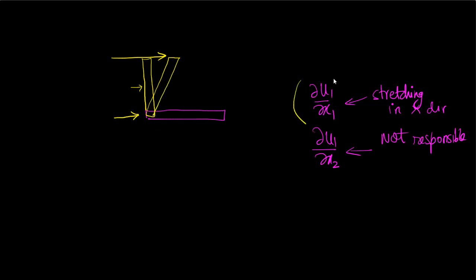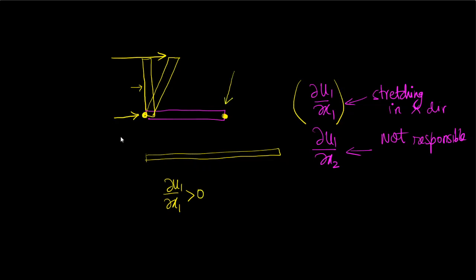But del u1 del x1 is the difference in the velocity between this point and this point, and hence it leads to a stretching. Meaning if del u1 del x1 is larger than 0, the velocity at this point is larger than the velocity at this point. If I call them A and B, the u velocity at B is larger than the u velocity at A, and hence B will move faster towards the right as compared to point A, and hence the length of the fluid element will increase. This is the physical meaning of del u1 del x1 greater than 0.